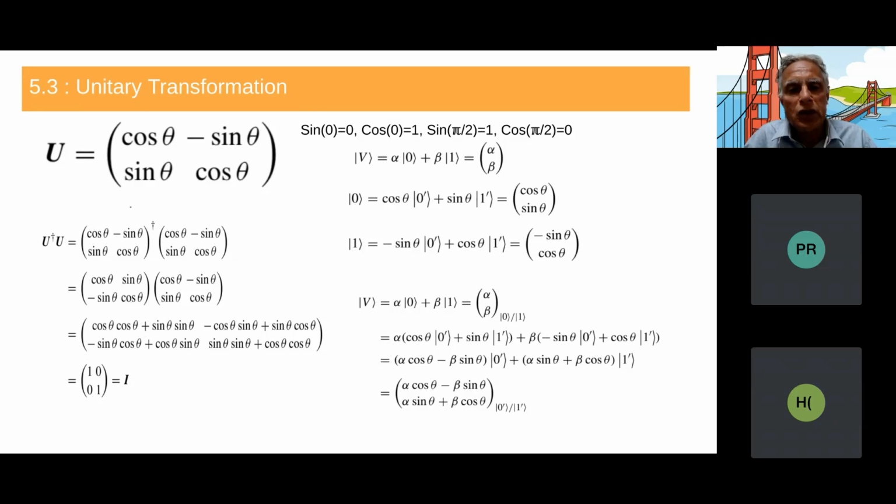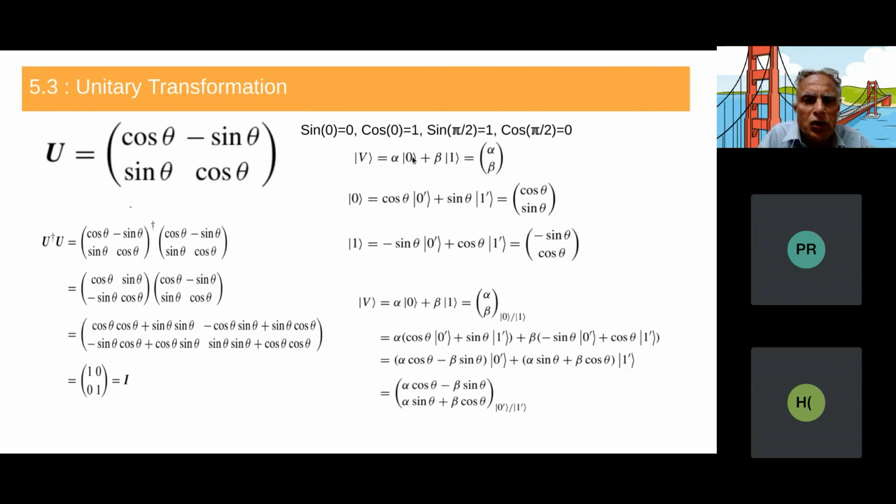The projections of the unitary matrix come out as cos and sin, so ket 0 comes out as cos theta ket 0 prime plus sin theta ket 1 prime, and ket 1 comes as minus sin theta ket 0 prime plus cos theta ket 1 prime. They are the same thing, but expressed in trigonometric terms: cos theta, sin theta, minus sin theta, cos theta.